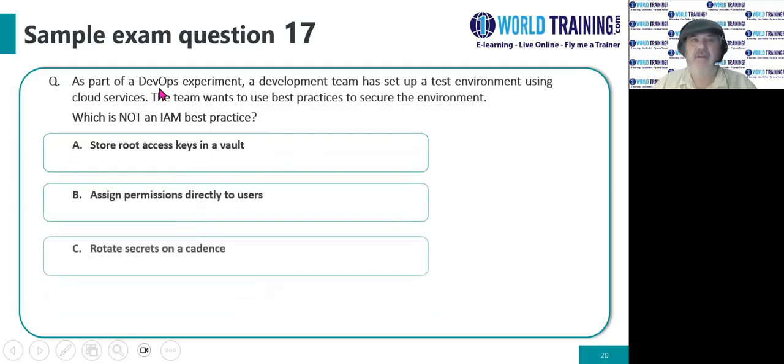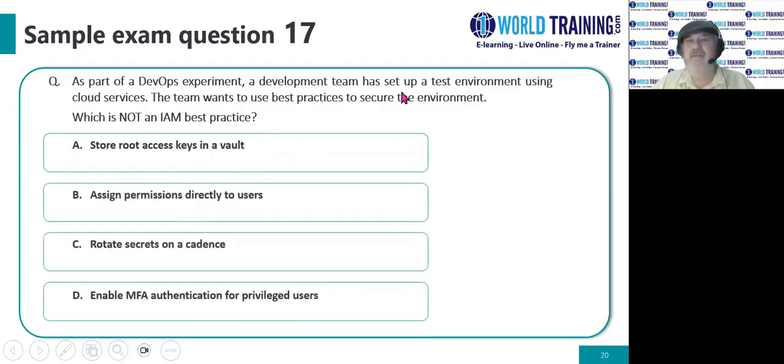As part of a DevOps experiment, a development team has set up a test environment using cloud services. The team wants to use best practices to secure the environment, which is again cloud, which is not an IAM best practice. Not store root access keys in a vault. That is a best practice, so that's not a good answer.